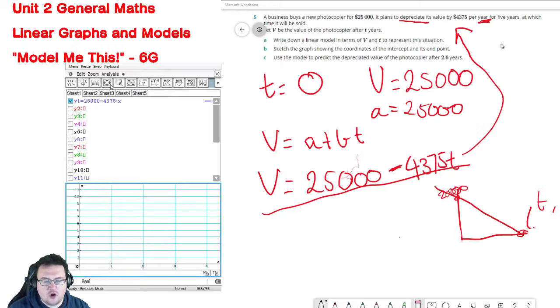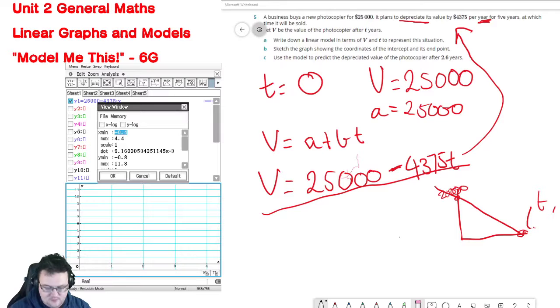Remember, you've got this window button here. We need to change the window. We're going to go -1, and we'll say 10 years, just as a prediction. But see here, the Y maximum is only 11.8, and we're dealing with 25,000, so let's go to 26,000.